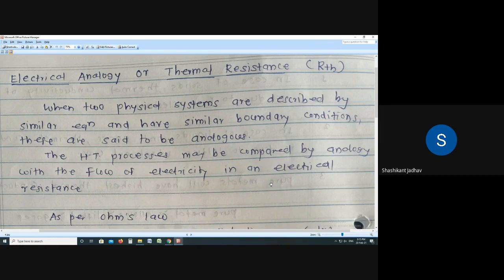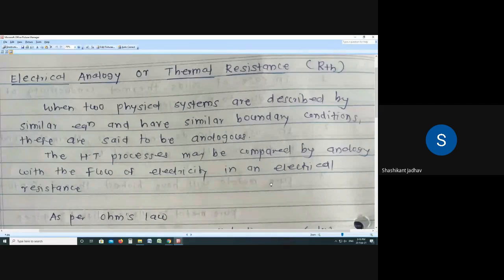So basically we know that heat is always in transient nature, means it is in continuous motion or continuously in movement. So our next concept is electrical analogy. Our subject is heat. We are studying heat, and now we have to compare this heat with respect to an electrical system. In the electrical system, which parameter is continuously in movement?